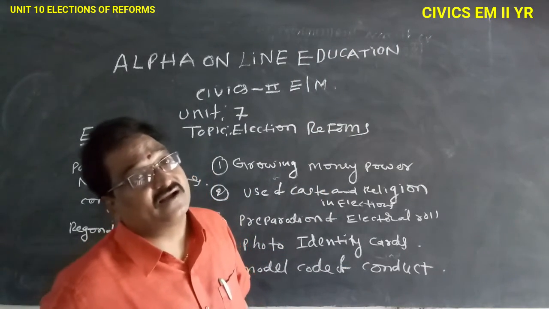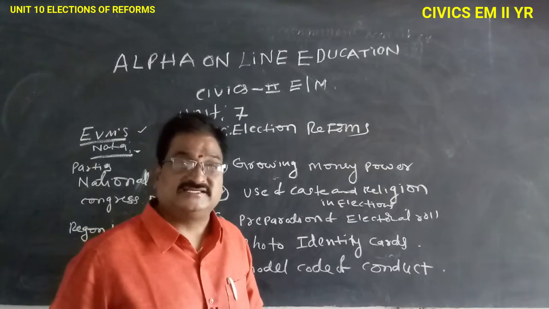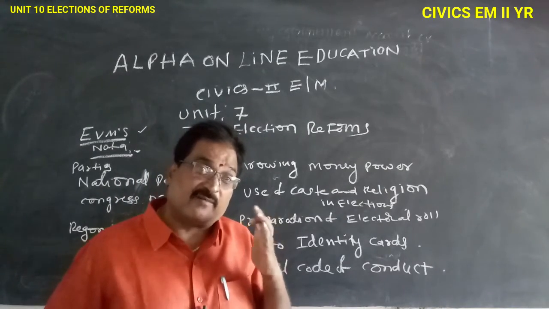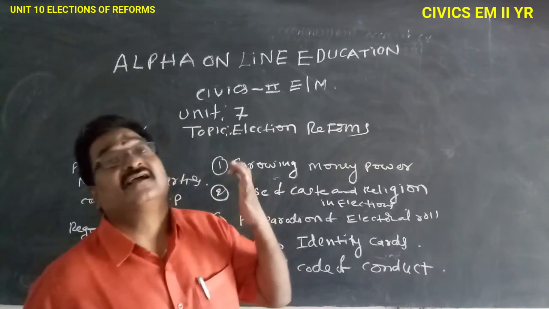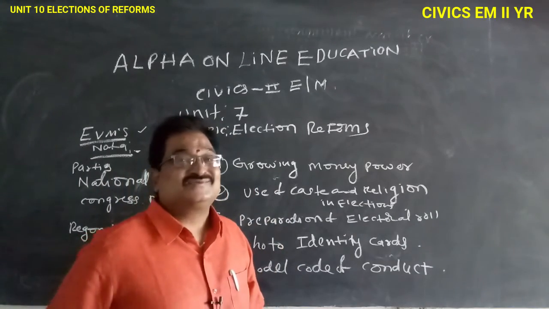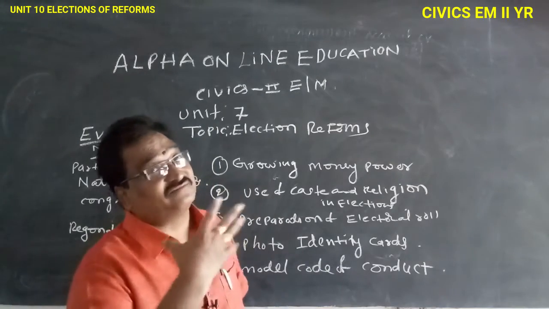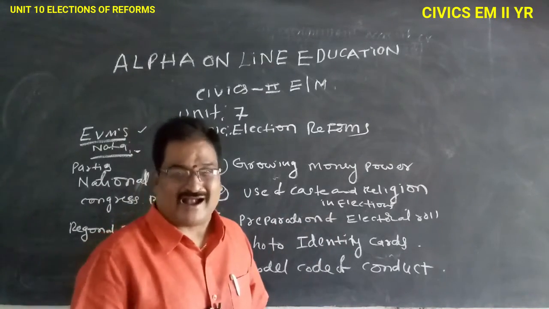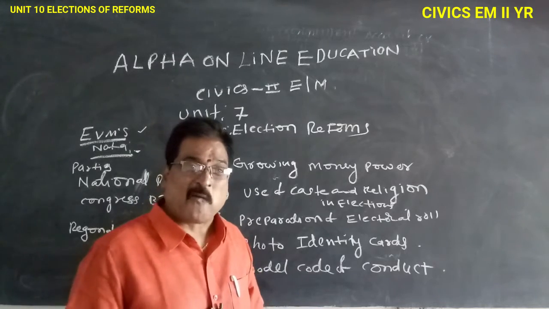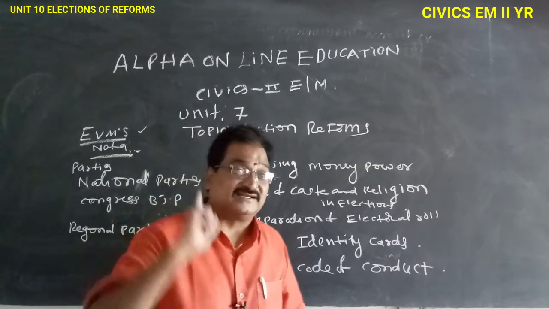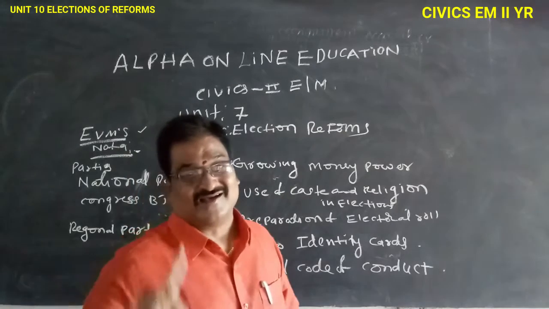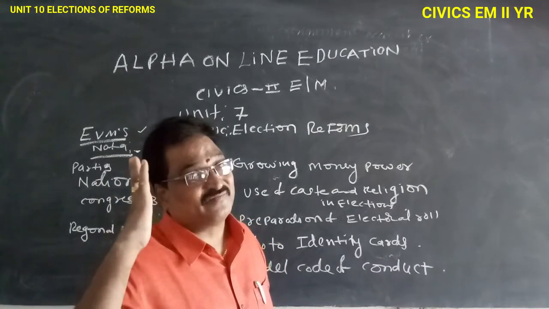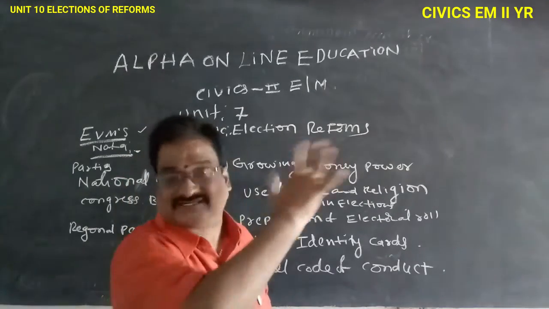All political parties in his period were afraid of the reforms of Mr. T.N. Seshan. He was a wonderful Election Commissioner. At present Sunil Arora and two other commissioners are there. Once upon a time there was only one election commissioner, and he maintained his power at the time of elections and the process of elections.